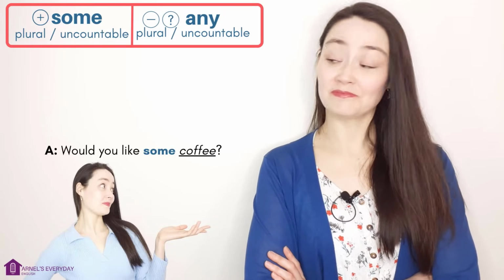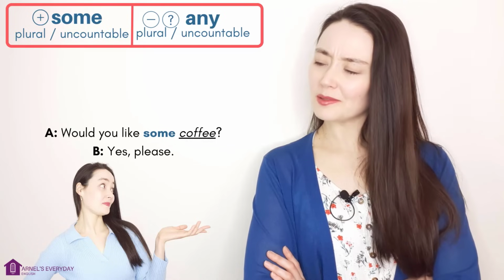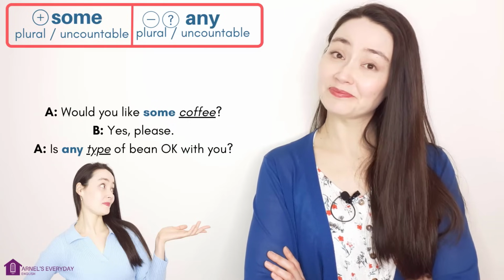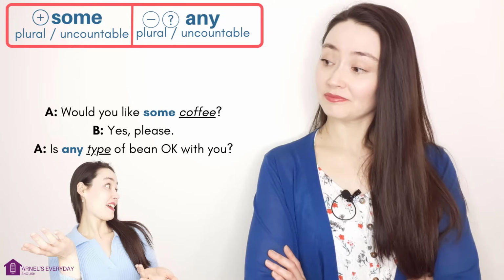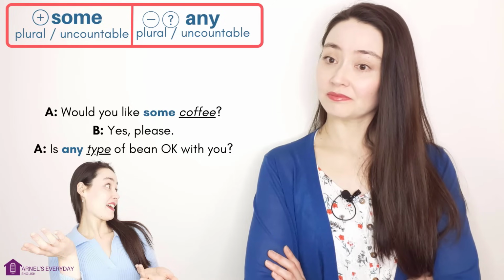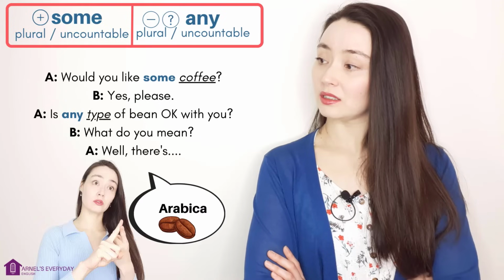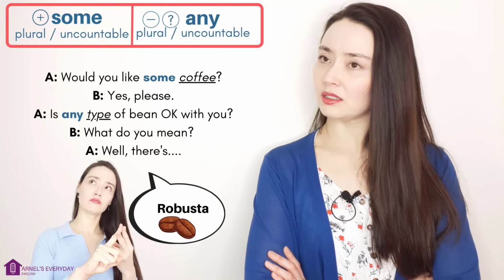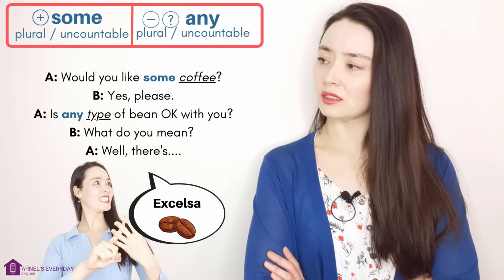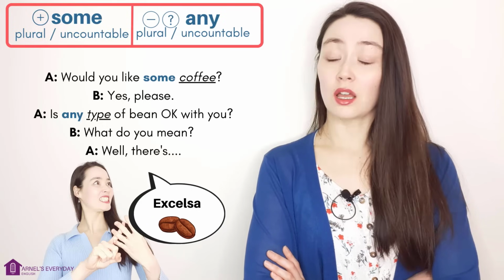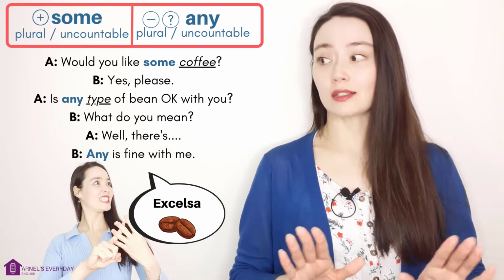Would you like some coffee? Yes, please. Is any type of bean okay with you? What do you mean? Well, there's Arabica, Robusta, Liberica, and Excelsa. Any is fine with me.